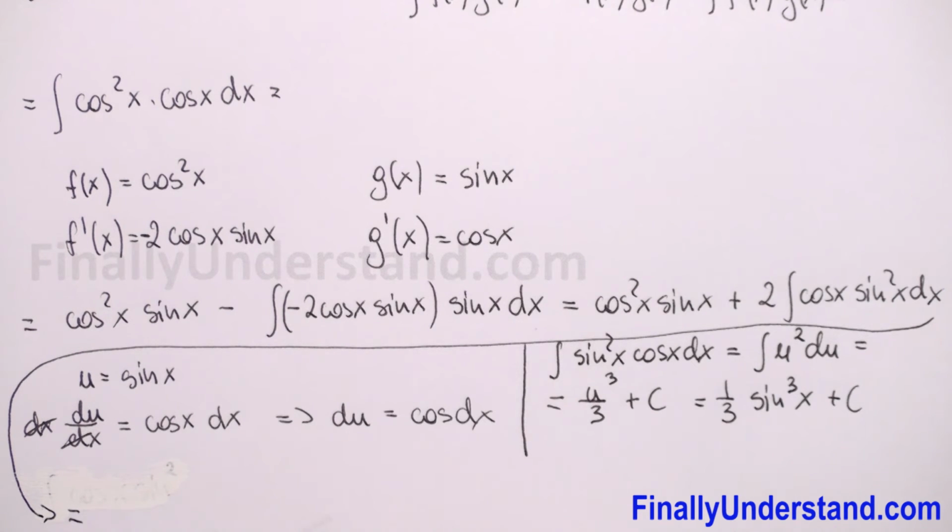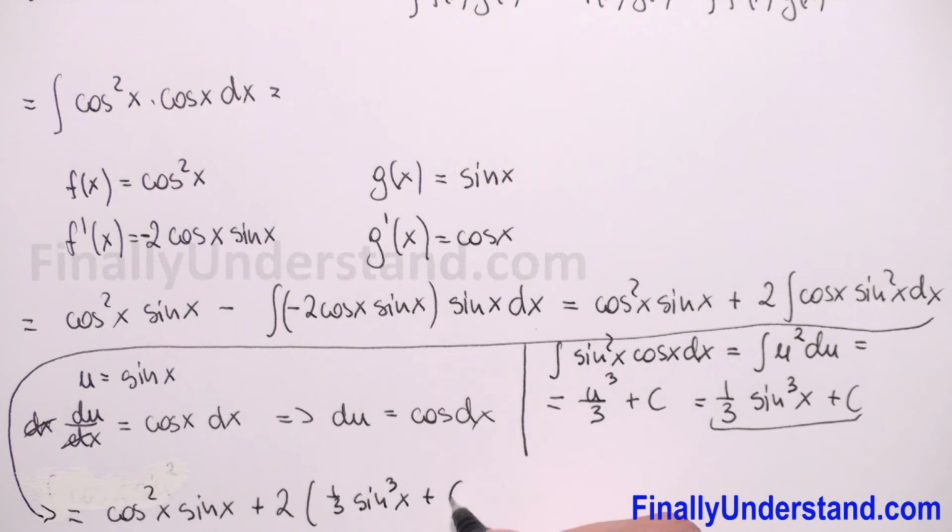The beginning we need to copy. We have cosine square of x sine of x plus 2, and this part we just replace by 1/3 sine cube of x plus constant c.